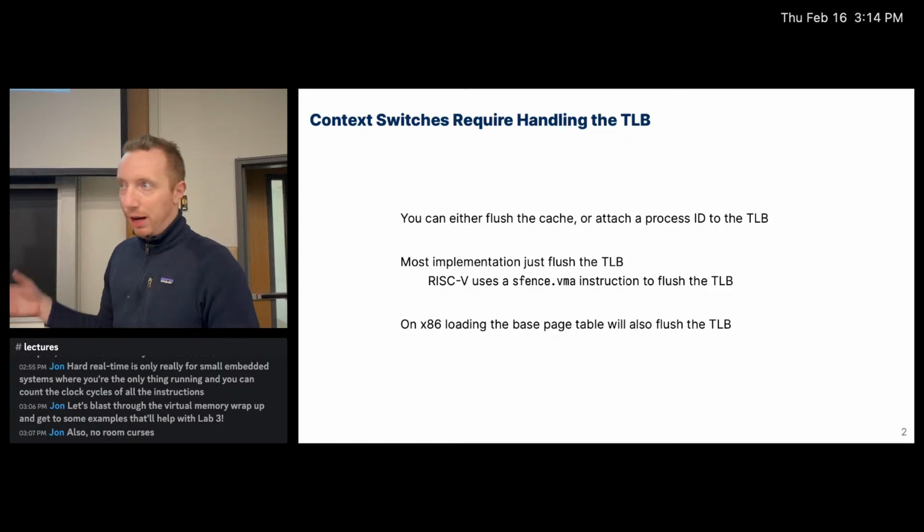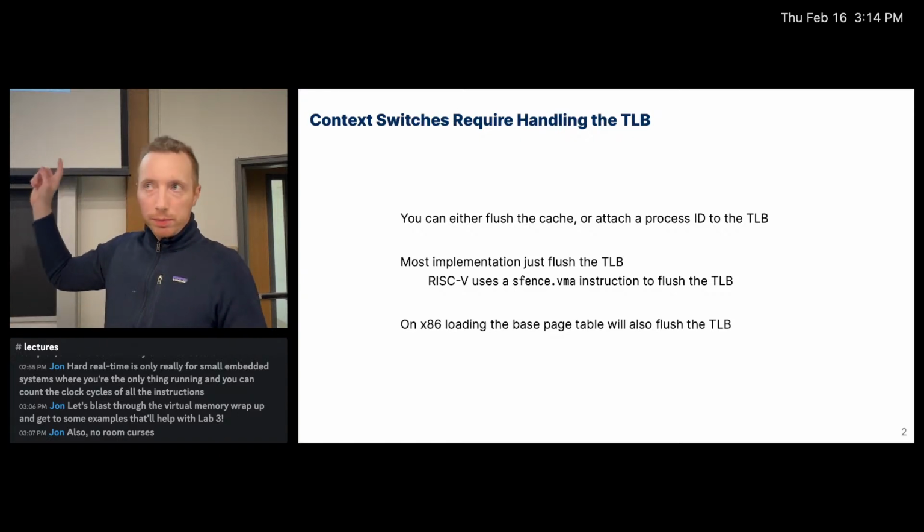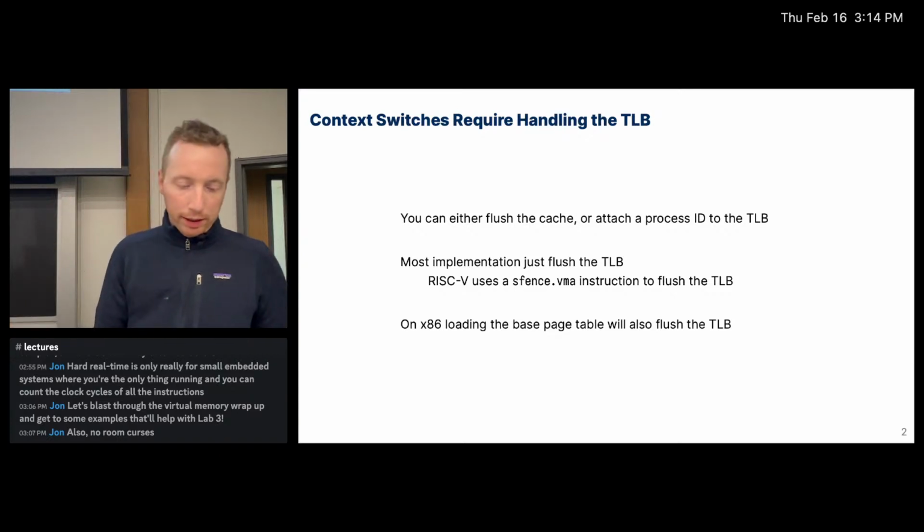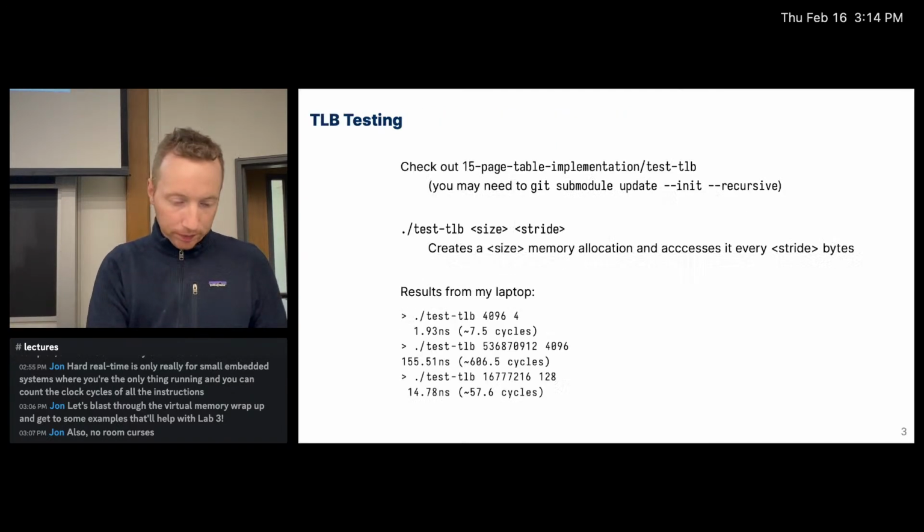So like RISC-V, there's a special instruction for that, which would be only available in kernel mode, and that would flush the TLB. On x86, which is like the old or the server stuff mostly people use, or if you have a Windows laptop, if you change the base page table pointer, it will automatically flush the cache for you, so it's done for you.